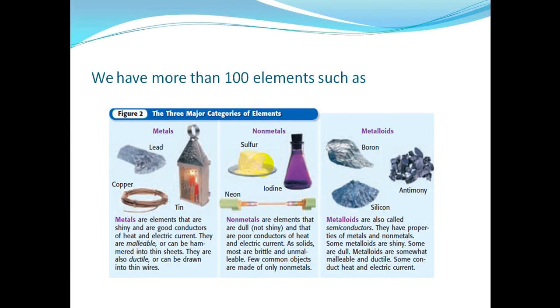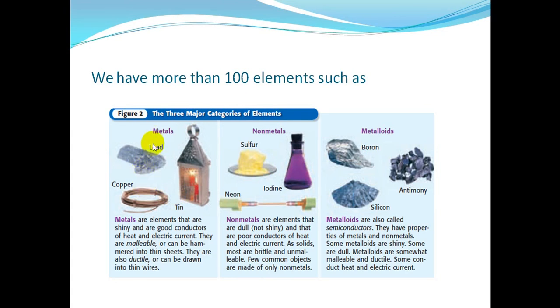How many elements do we have? Actually, we have more than 100 elements. If you remember, last year we took the periodic table where we arrange elements. There are more than 100 elements on Earth. Here we have the three major categories of elements. Metals like lead, copper, tin, silver, and gold. Many kinds of metals.